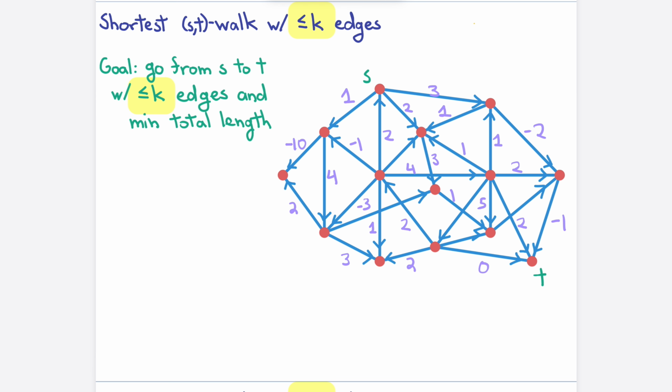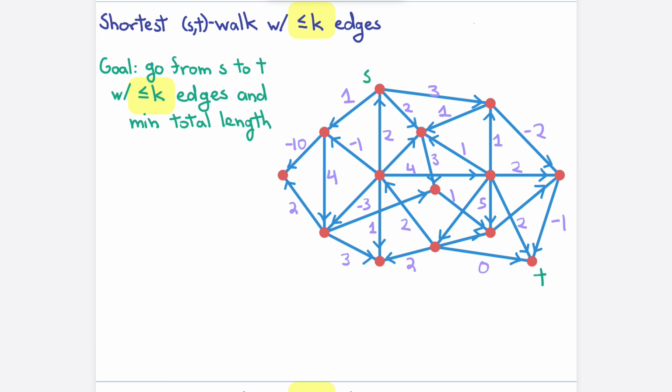So if we actually lift the problem, I'm not going to think of it as directly trying to find a distance from S to T. I'm going to add this parameter K, just counting the number of edges, and that's probably similar to what you had in mind when we discussed counting. But I'm going to lift the problem and add this parameter. For example, once I start counting edges, I don't have to worry about infinite loops and negative cycles and things like this, because you can't go on forever if you can only take 10 edges.